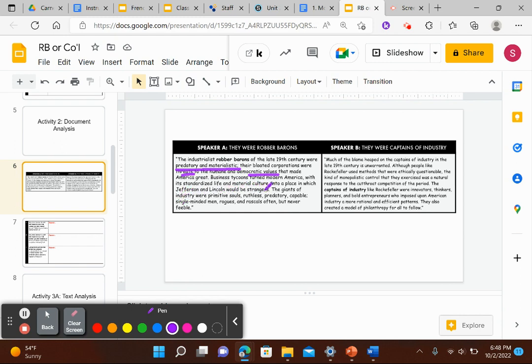This is important to just kind of note because this was within 100 years of their lives, and with Lincoln, a couple of decades. So this goes to show you how rapidly industrialization changed the United States. The giants of industry were primitive souls, ruthless, predatory, capable, single-minded men.